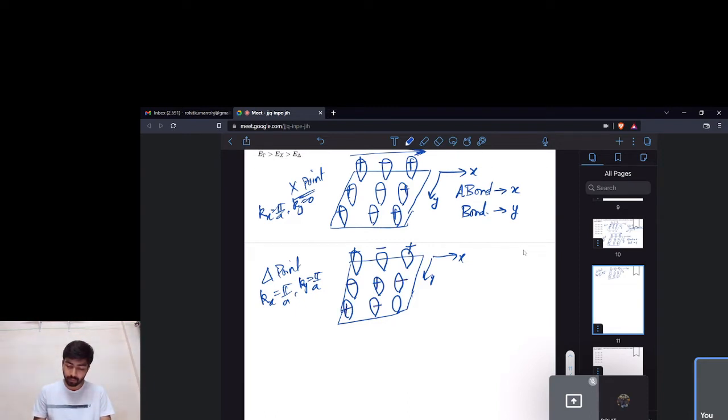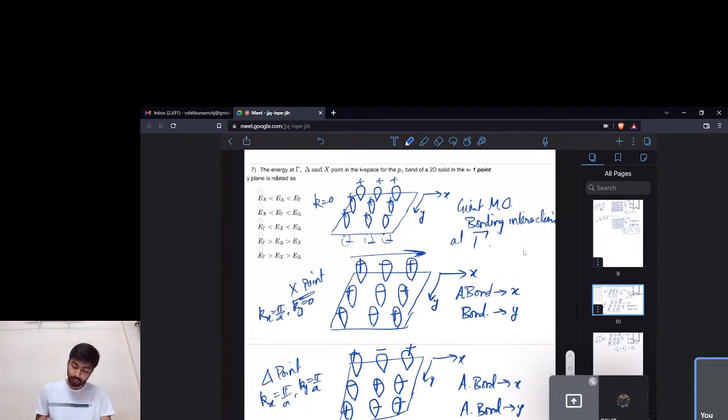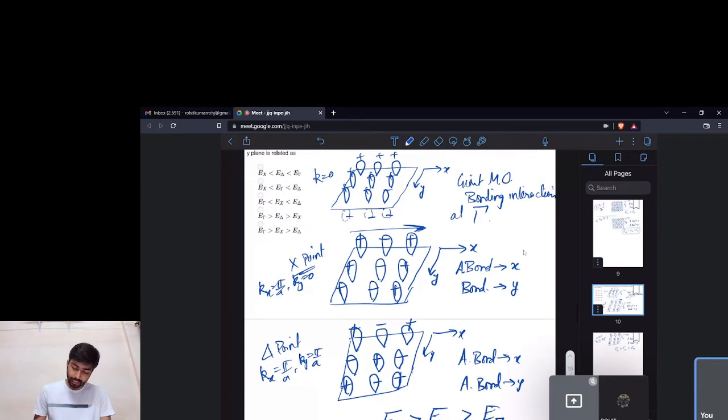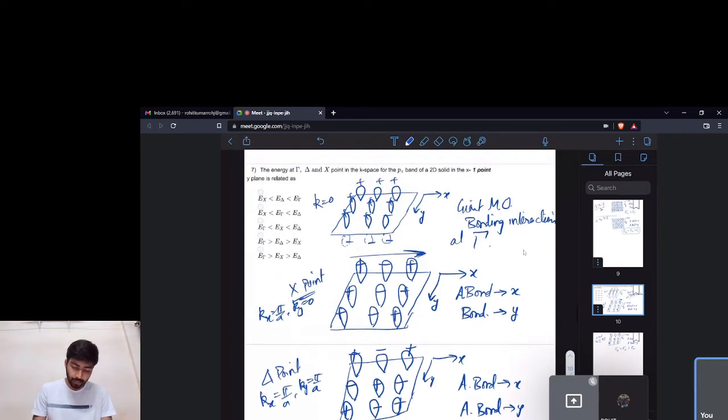So anti-bonding in x, again anti-bonding in y. Now we can safely say that the energy at delta point is greater than the energy at x point, which in turn is greater than the energy at gamma point. So the correct option would be E gamma, x and delta.